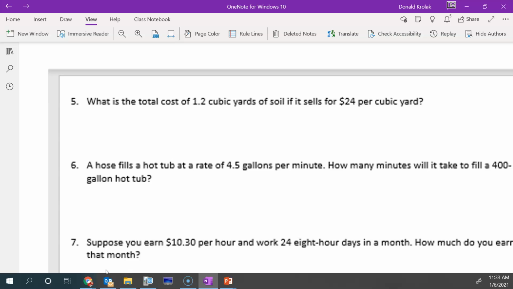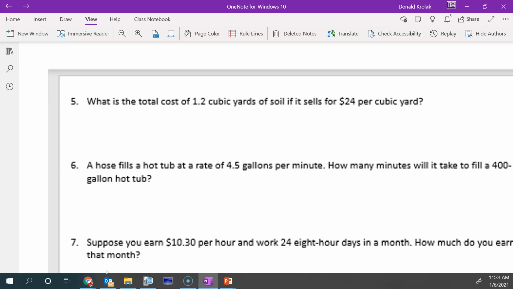So a square yard would be a big box. The bottom of the box would be 1 yard by 1 yard. That's a square yard, like when you buy tile or carpeting. A cubic yard would be a container that's a yard by a yard by a yard.